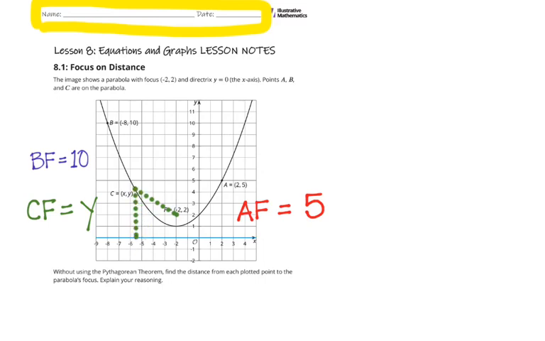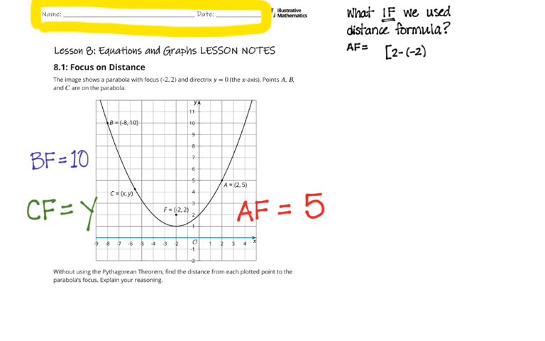But I have another question for you: what if we did use the distance formula for each one of these? What if each time I was trying to find AF, I didn't look at this vertical distance, and I didn't look at the vertical distance to B or to C? We used the distance formula.